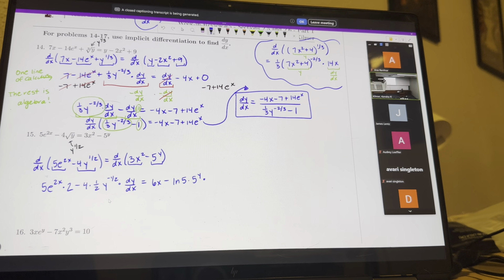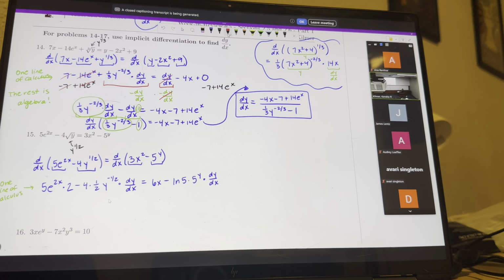And then we would need to multiply by the derivative of the inside, so the derivative of y with respect to x, which is dy/dx. Okay, so again, this is our one line of calculus. One line of calculus. The rest is just algebra.